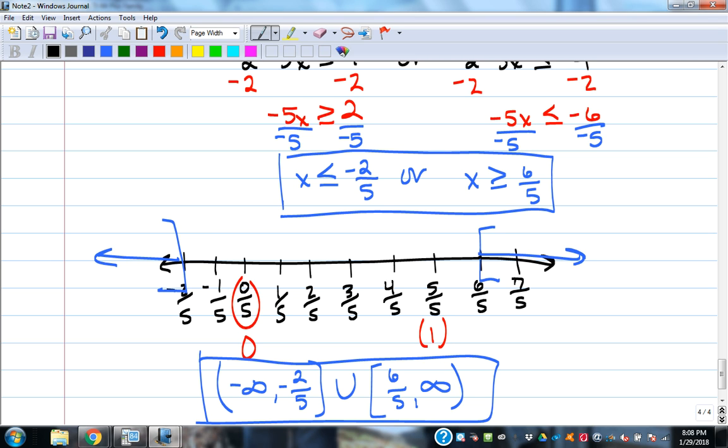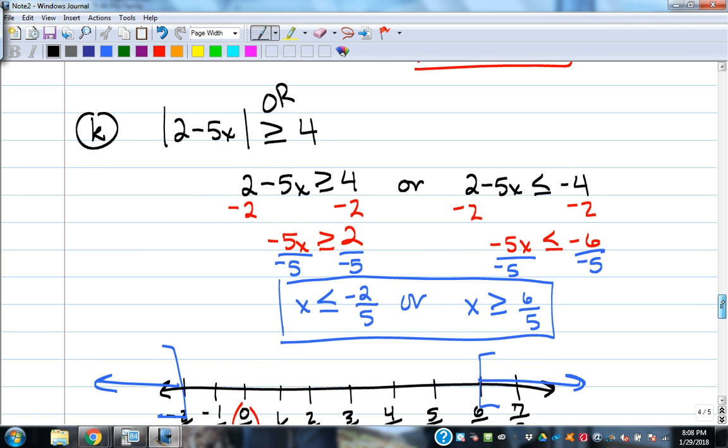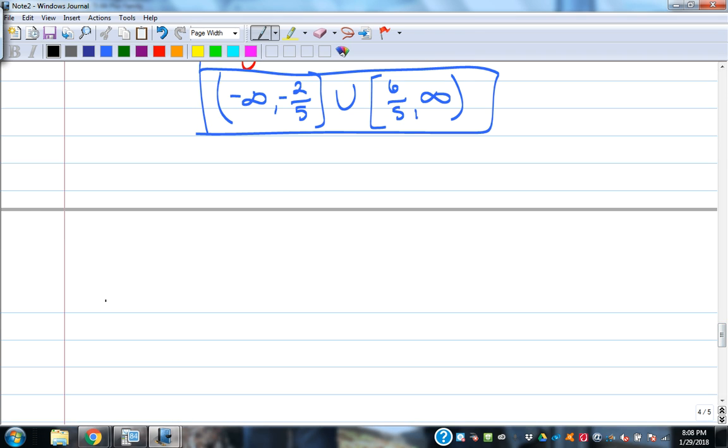All right, I told you earlier that they weren't going to put an absolute value on both sides. I lied to you. I'm going to show you one of those and let you see what you need to do. It's actually not that difficult if you get that. So let's say you had absolute value of 4x minus 3 equals absolute value of x plus 6.